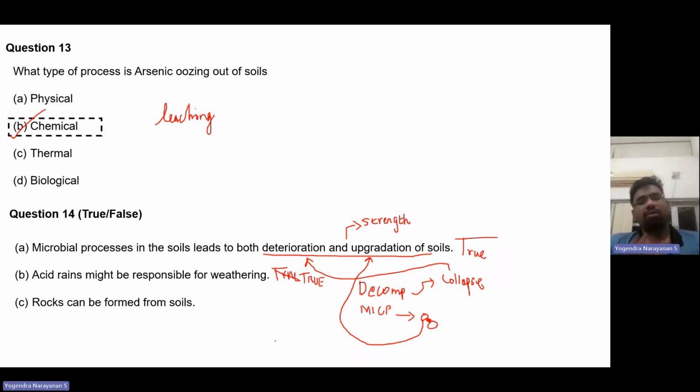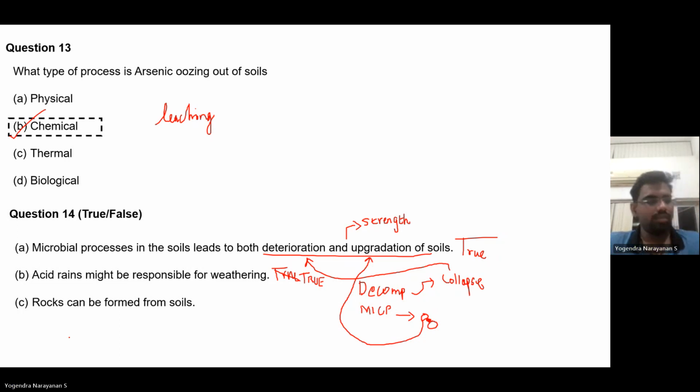So, continuing with the true or false, rocks can be formed from soils. It should be noted that in the earlier part of the lectures, we saw that soils are formed from rocks.